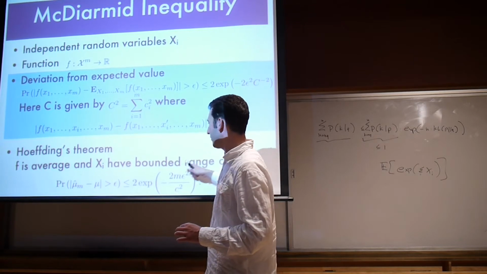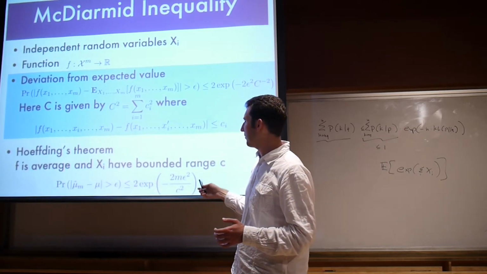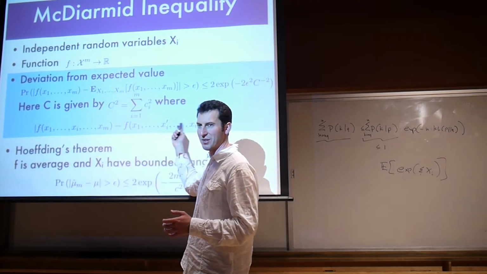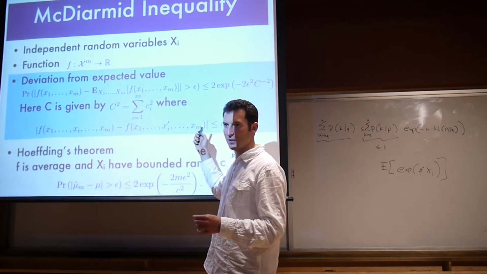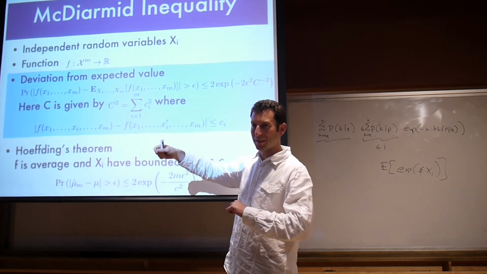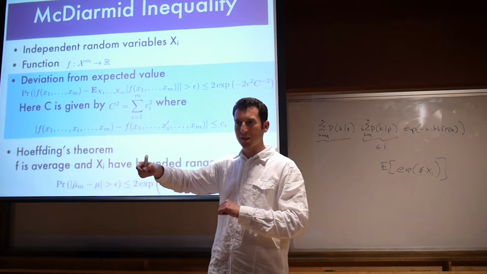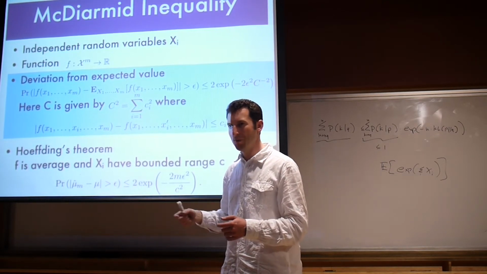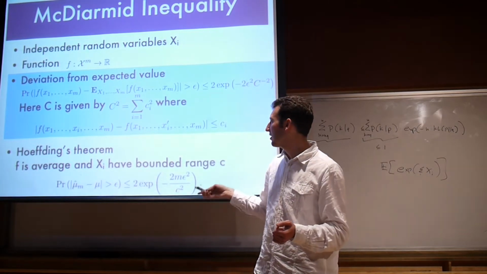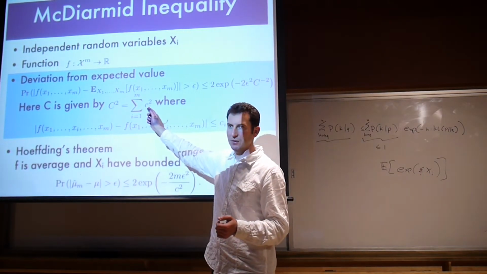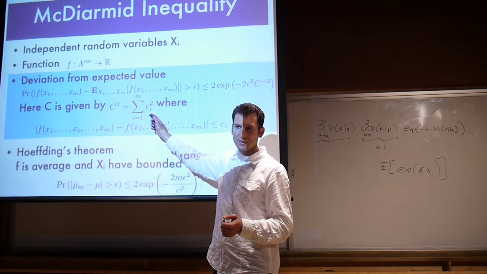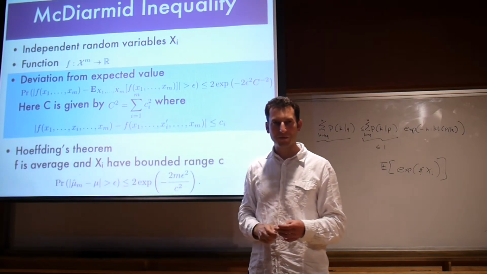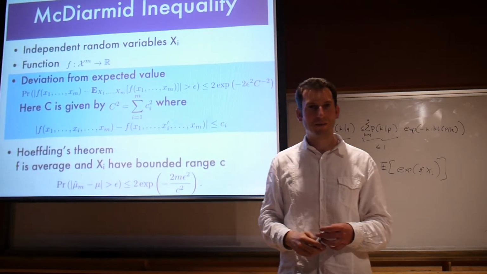So you can fairly immediately check that for averages, if f of x1 through xm is just the average, then by swapping out one instance, things can change by at most as much as those two values differ. And then it's basically that range that comes into this constant C. So that's a very simple thing that you may want to check.